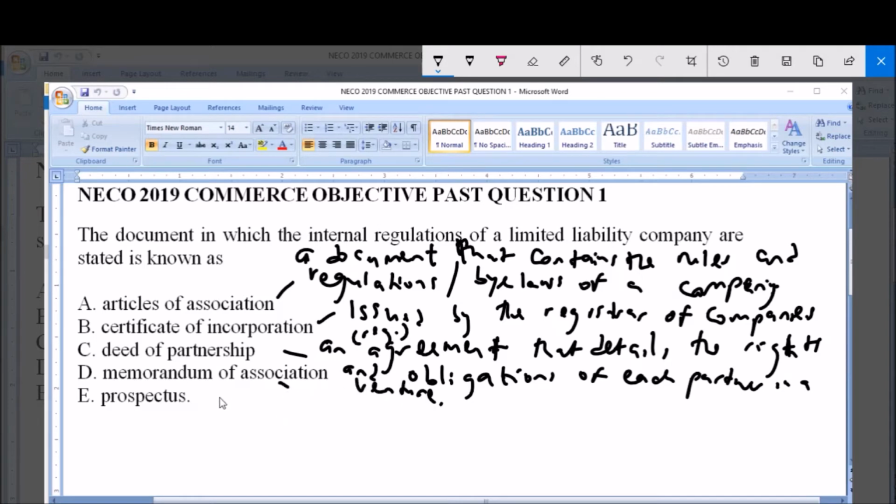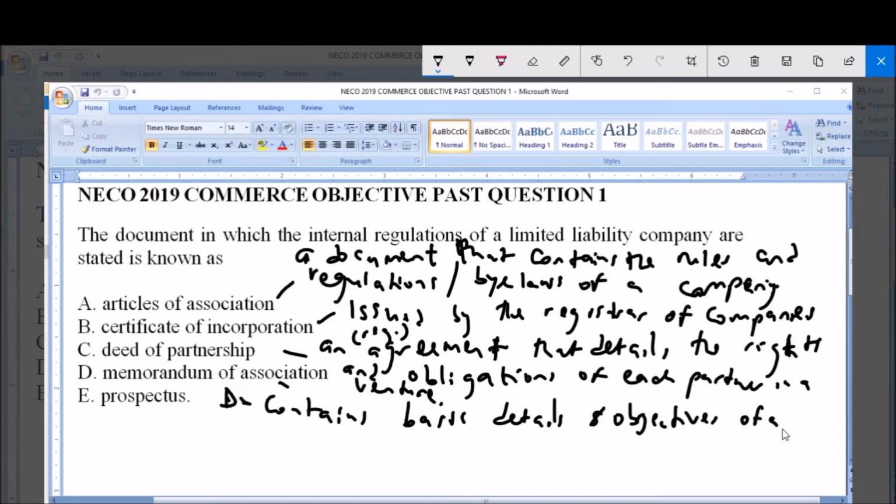Then option D, memorandum of association, is a document that basically contains the basic details and objectives of a company.